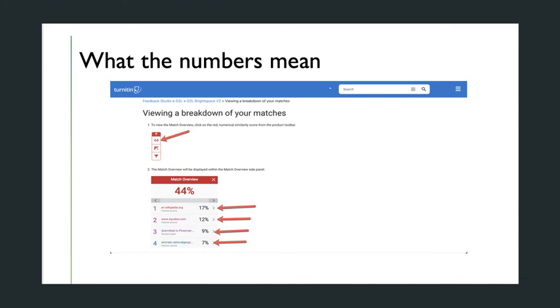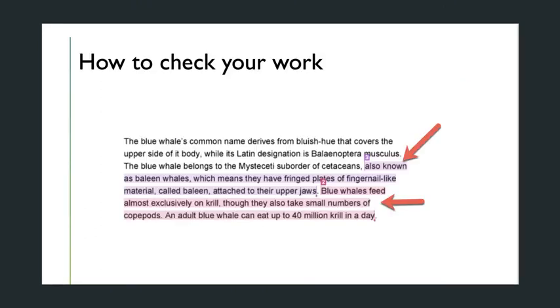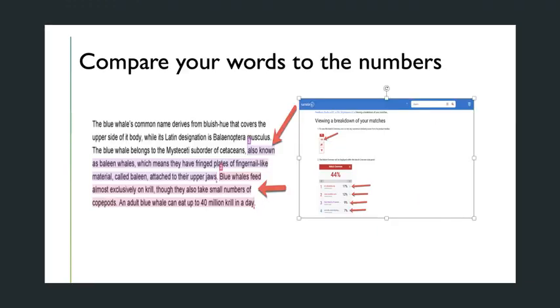In order to find out what this means in your particular paper, look on the left-hand side where your whole paper is, and you will see that lines have been highlighted. In this case, it means that these sentences came directly from the sources that were pointed out earlier. So you can compare your work to the numbers.